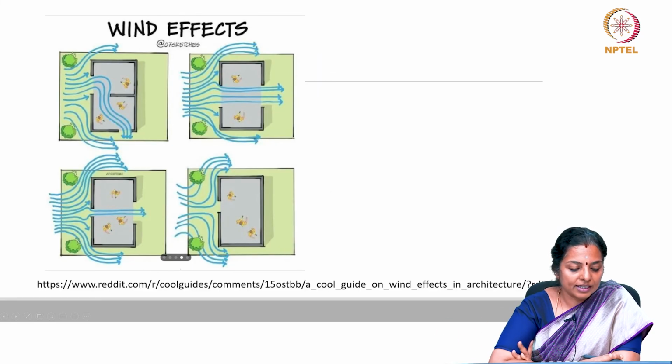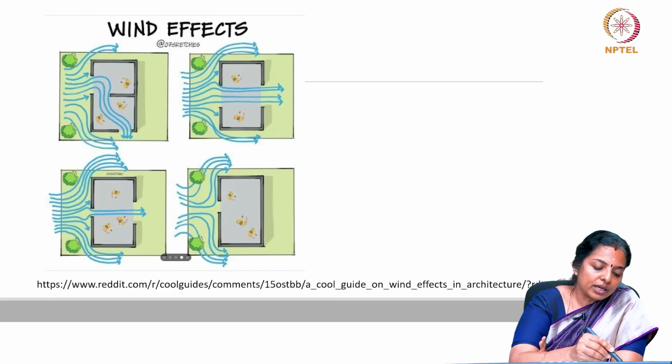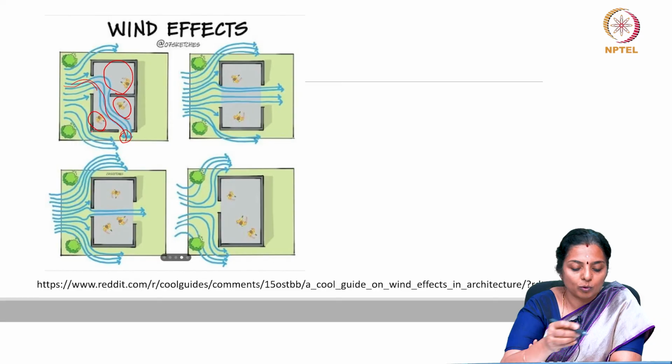Here is another scenario which we had just discussed about where to locate the apertures so that the wind blows inside. Now, if you have an inlet and an outlet at diagonally opposite directions, you would get it ventilated. Cross ventilation will happen, but you see a large part of the room remains unventilated or there is no breeze movement.